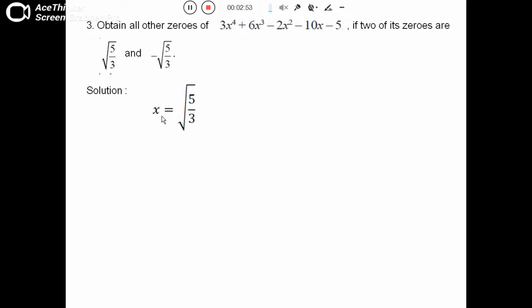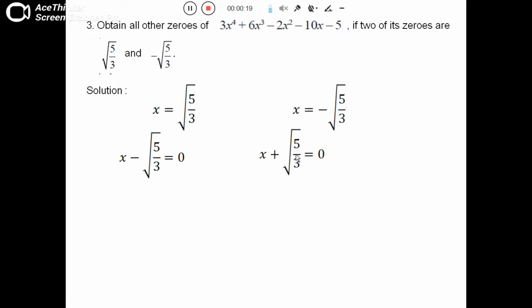Let us take first x is equal to square root 5 by 3, which gives you x minus under root 5 by 3 equals 0, and the same as second, x is equal to minus under root 5 by 3, which gives you x plus under root 5 by 3 equals 0.